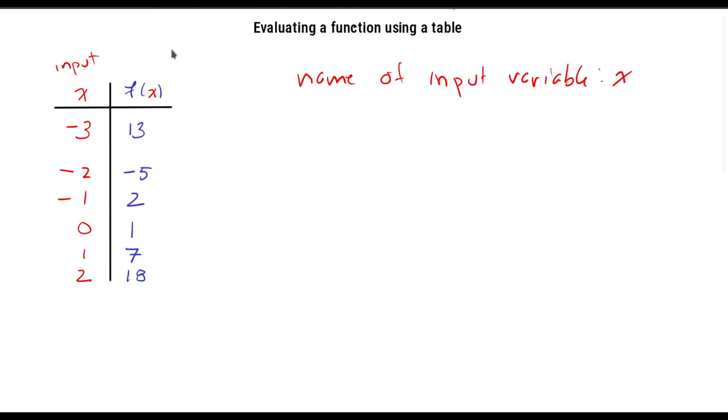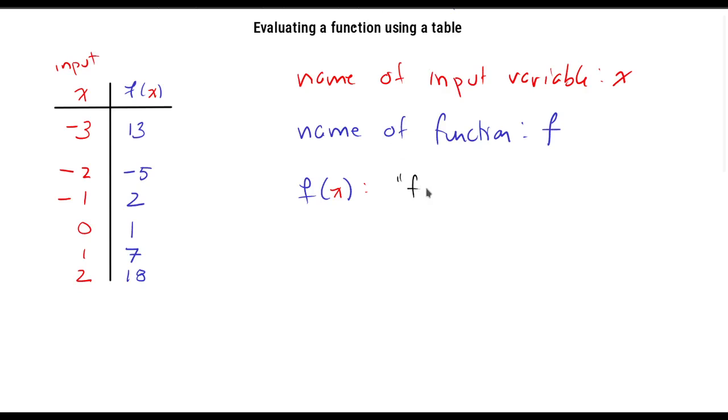What this notation means is that f is the name of our function. So the name of the function is f. And this f parentheses x here, we read that as f of x. So what that means is we plug in some input x, and f of x comes out.